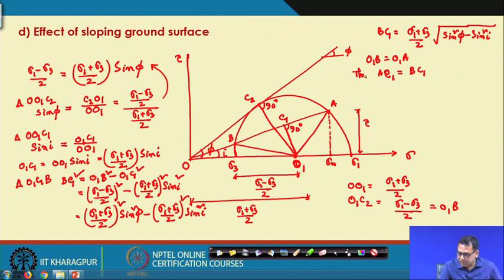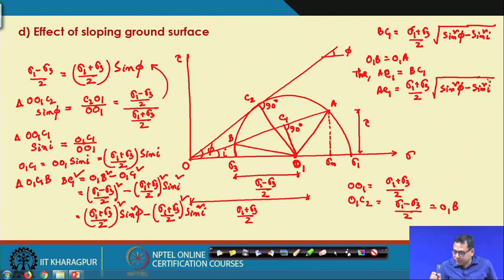Thus, AC1 is equal to BC1. So, I can write AC1 is also sigma 1 plus sigma 3 divided by 2 times root over sin square phi minus sin square I.